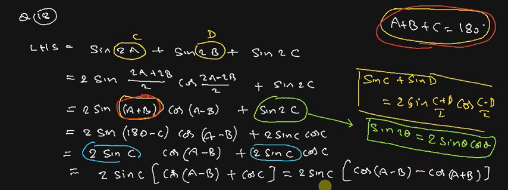So this is equal to 2 sin c into 2 sin a sin b. Multiplying 2 into 2, 4, so 4 sin a sin b sin c, which is the RHS.